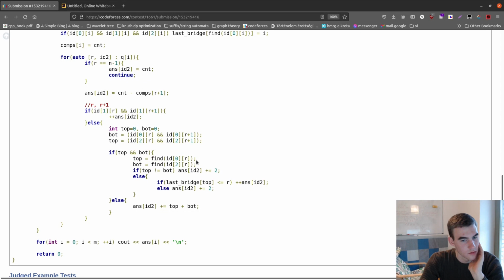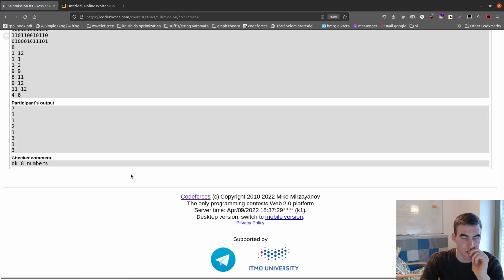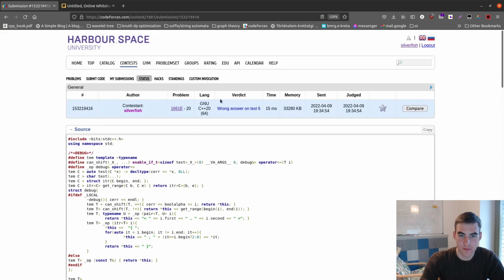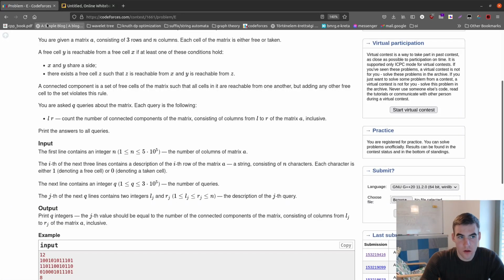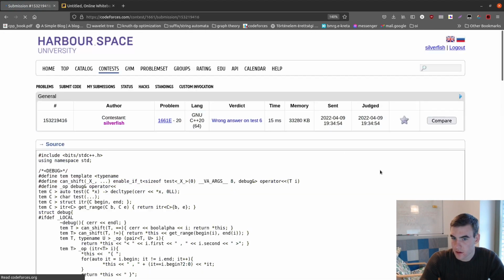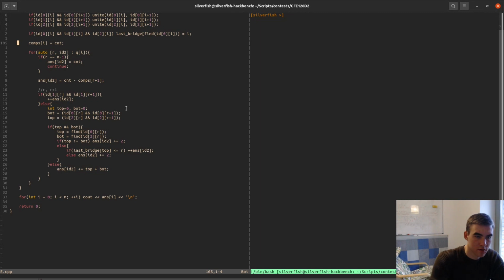There's top and bottom. Then I do bottom find to r. Top does not equal bottom. Yeah, I think that should work. The last thing I'll need to check is how the last bridge is handled.